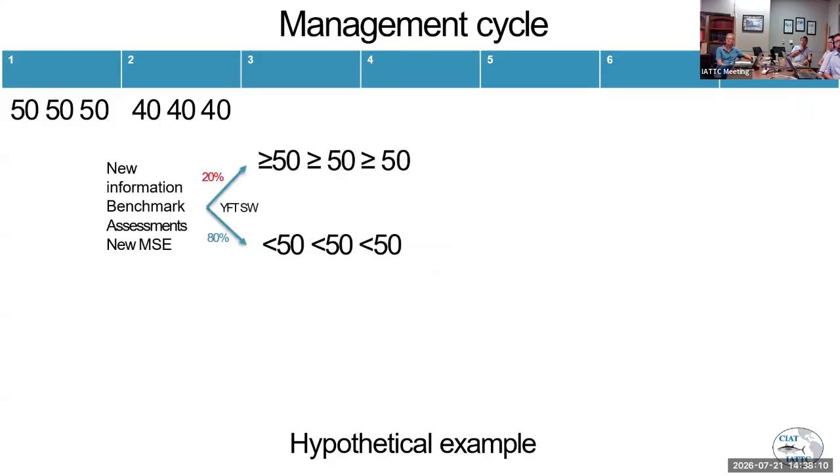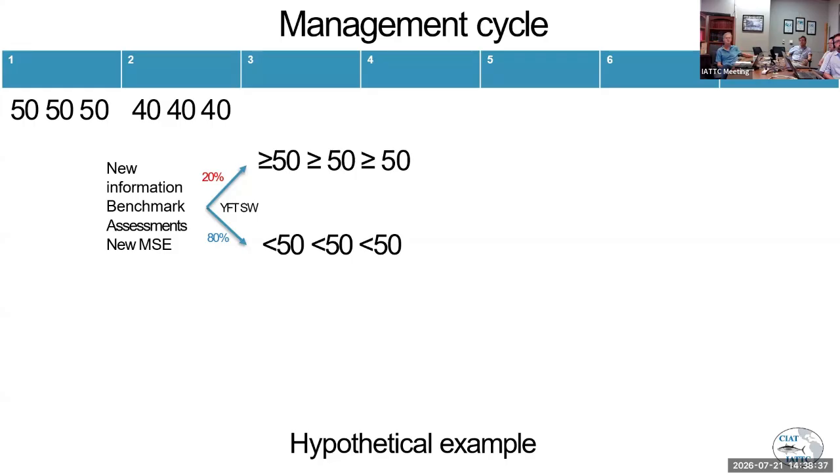We do the 3 assessments, but in this case, during that 6-year period, we've done some more research, we've improved the assessments, and we do a benchmark assessment. We may have actually done a new MSE based on that and developed a new management procedure.